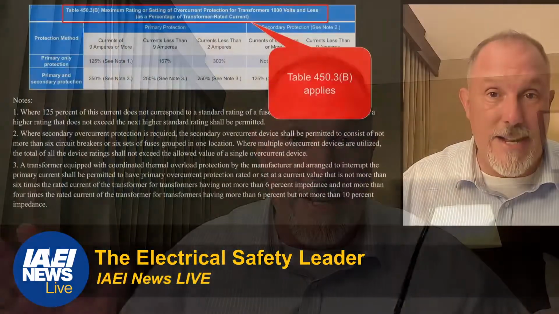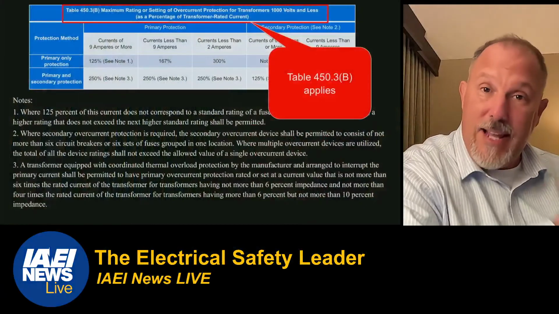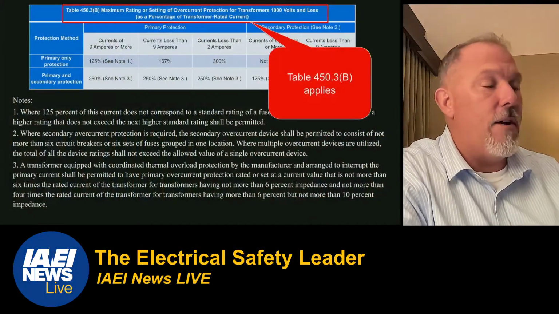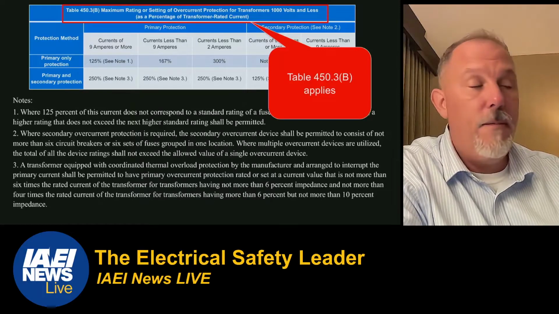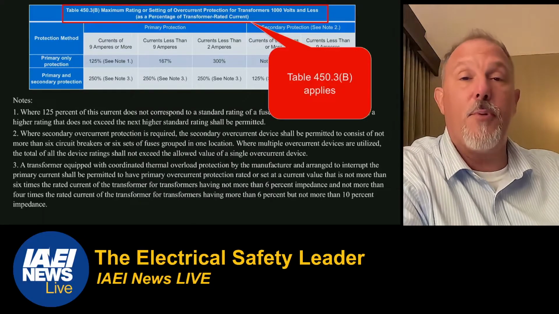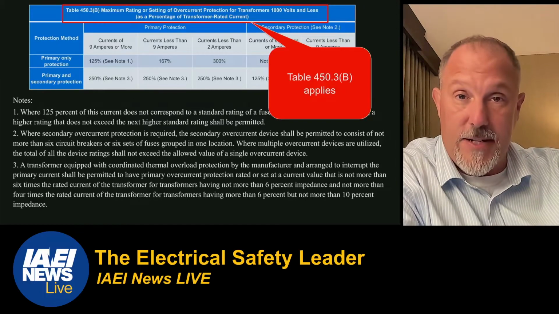So 450 is about the transformer. It's not about downstream panel boards. It's not about downstream conductors, upstream conductors. It is about the transformer. So what you'll recognize in this table, 450.3B and A for all that matters, we talk about the sizing of the primary and secondary overcurrent protective devices.